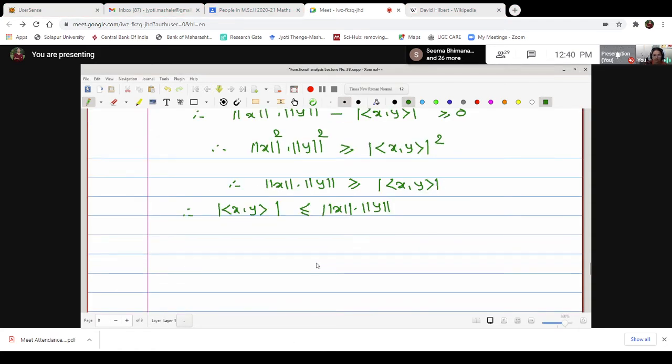Now we have proved that for any two vectors x and y, the modulus of the inner product is less than or equal to norm x into norm y.